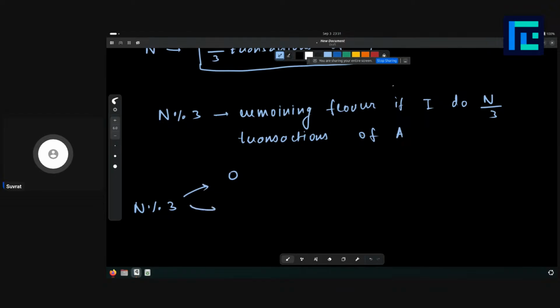It can be 0, it can be 2 or it can be 1. It can be nothing other than these values.